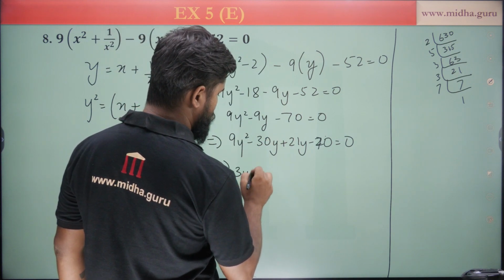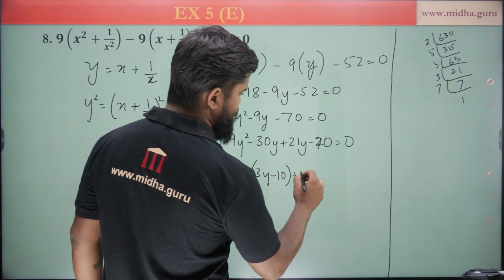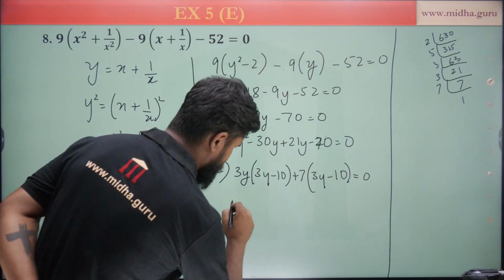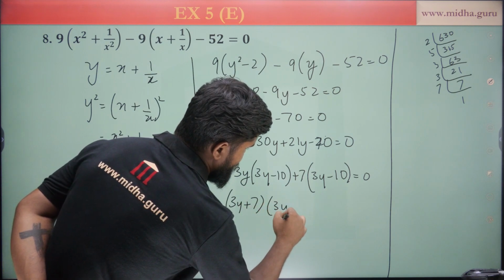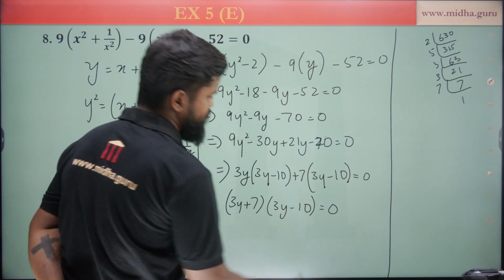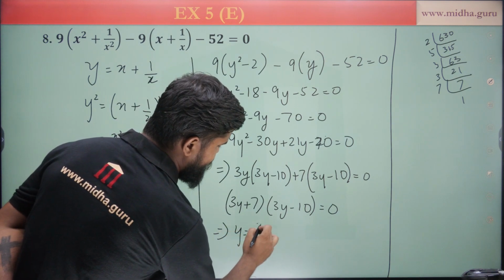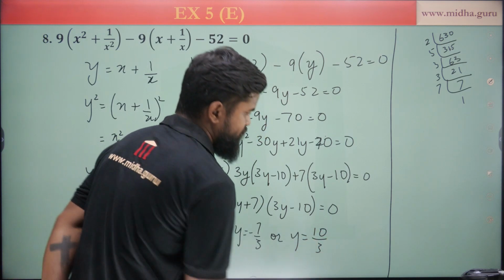So we'll take 3y as common here, and we get 3y minus 10. And taking 7 as common here, again we get 3y minus 10. So (3y plus 7) into (3y minus 10) is equal to 0. Then y will be equal to minus 7 by 3, or y is equal to 10 by 3.